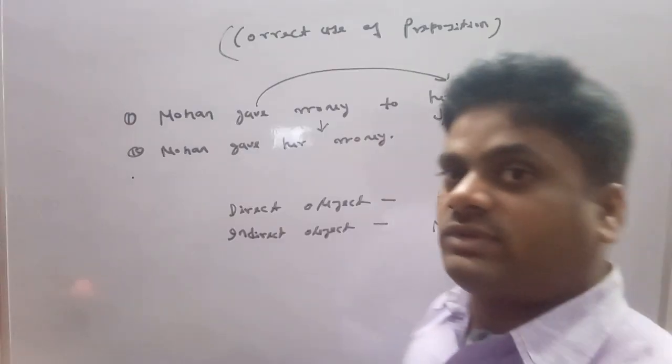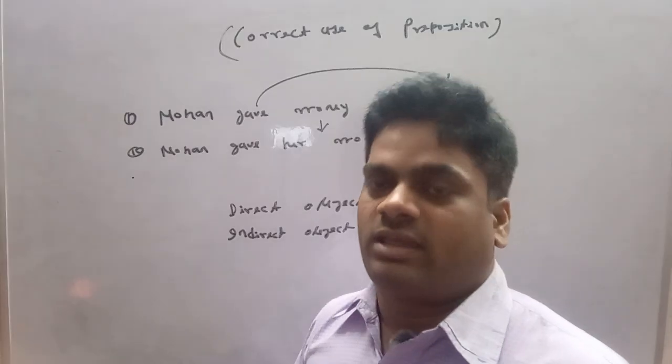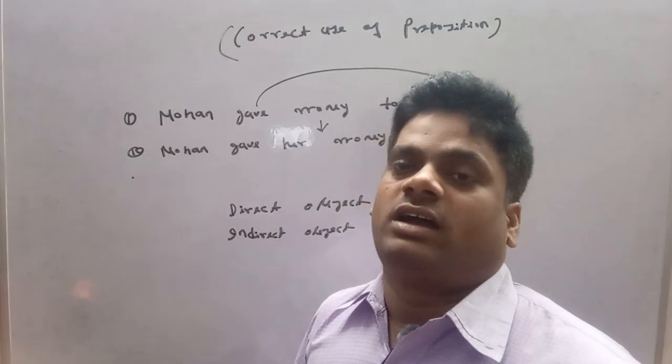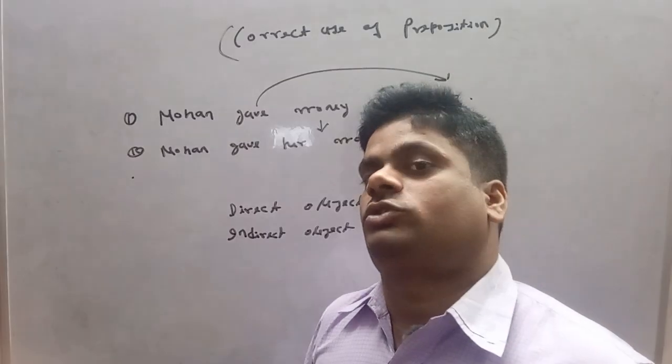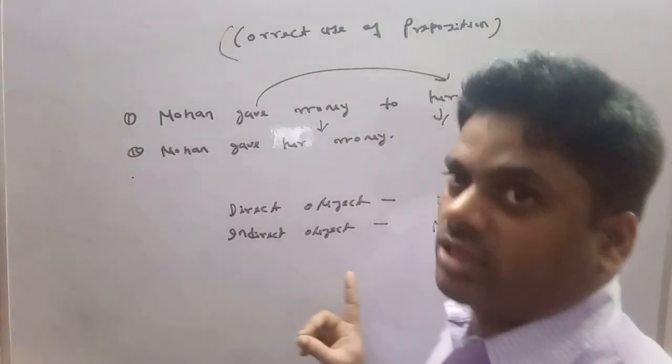But if in a sentence a verb is supposed to find its secondary object, then we would require a preposition just in order to associate the secondary object to its primary object.